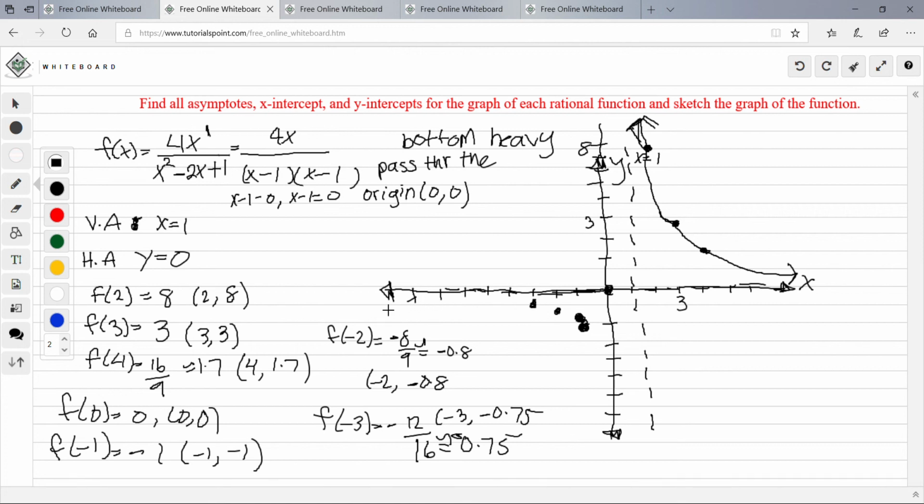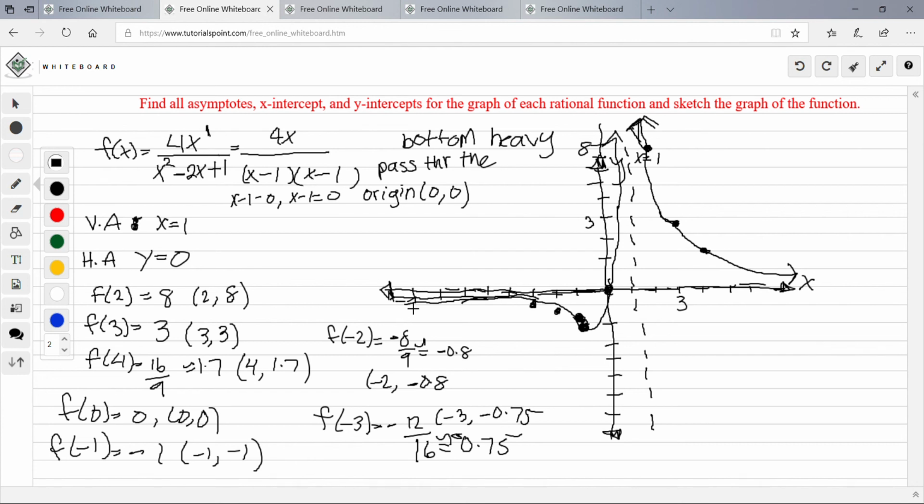Okay, so we said that our horizontal is 0, so it's going to get really close to 0, right? Oops. It goes through these points, and then it goes up right here, and then gets really close to our vertical asymptote, but never touches. And that's how it should look.